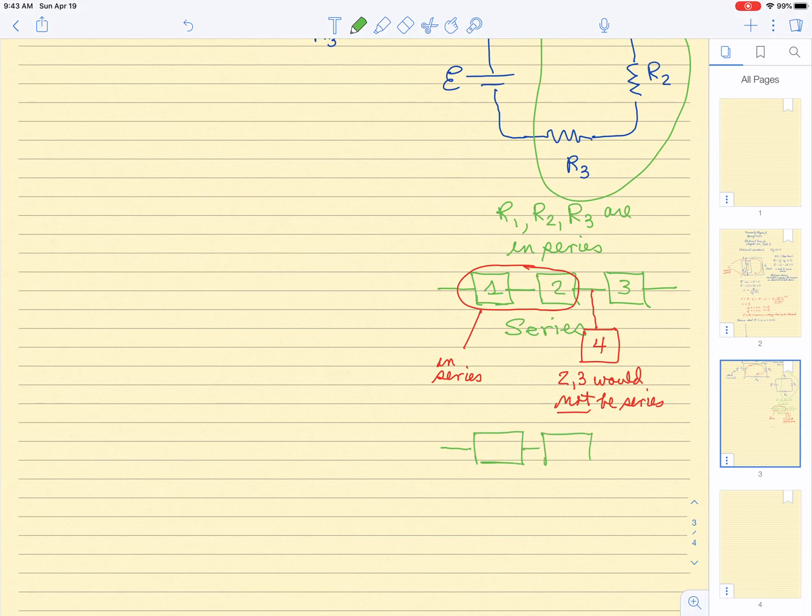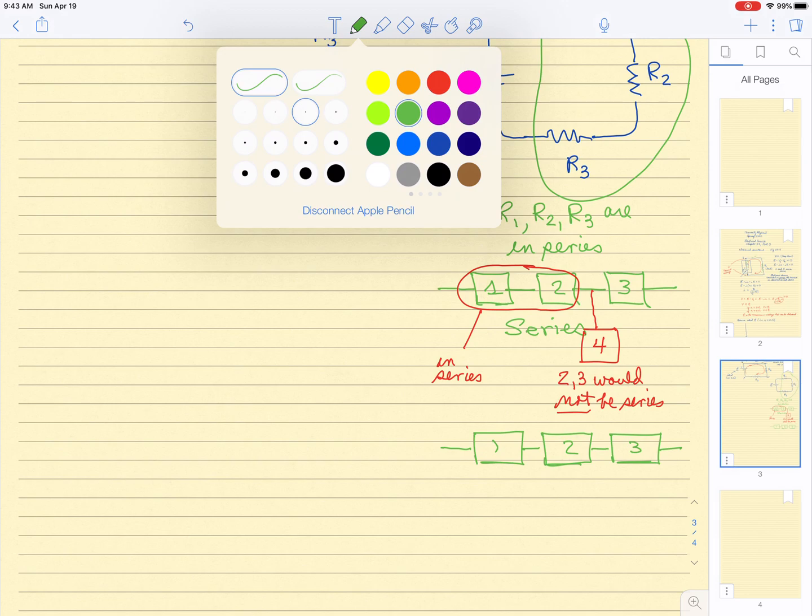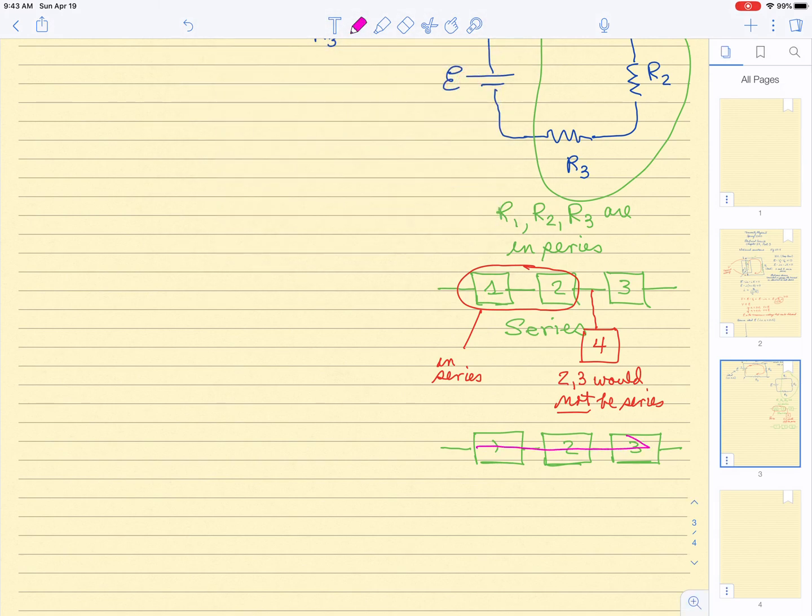So devices that are connected in series, device 1, 2, and 3, then the current through each device is identical. And if you think about it, that's almost common sense.